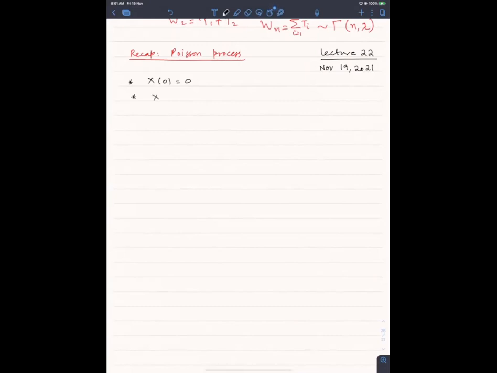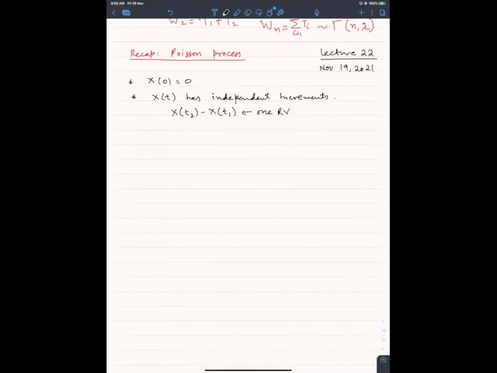And X of t has independent increments. What that means is, X of t2 minus X of t1 is one random variable.